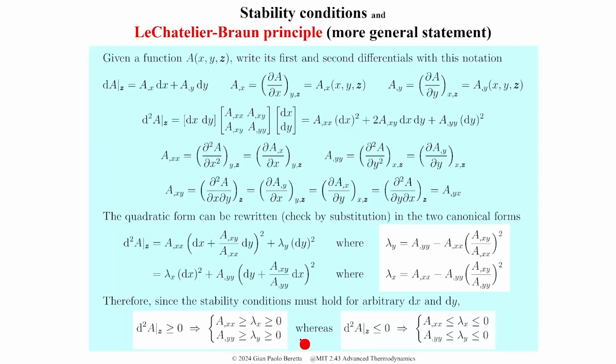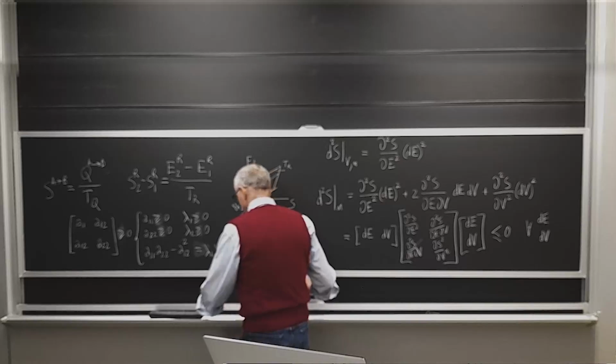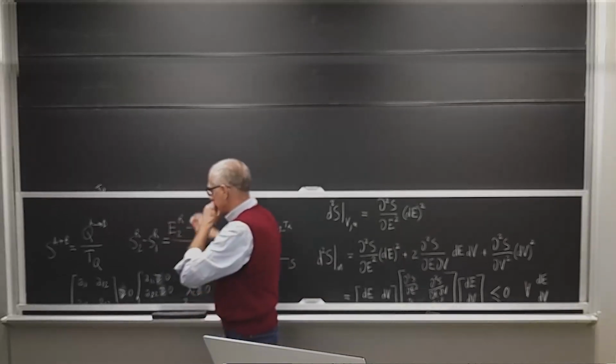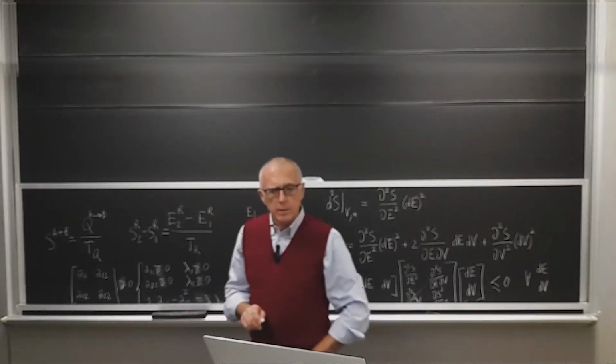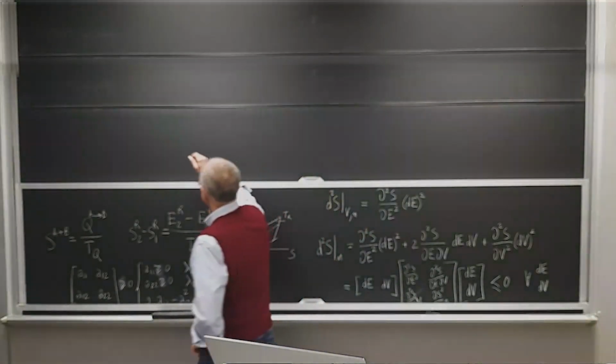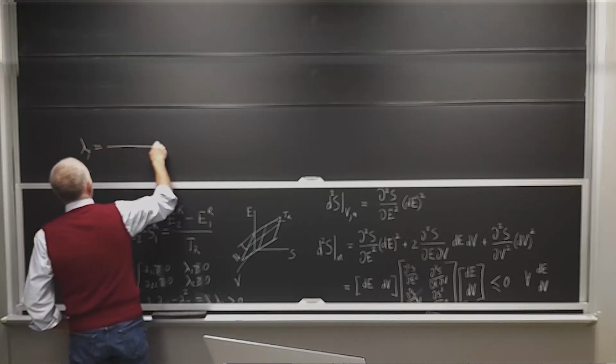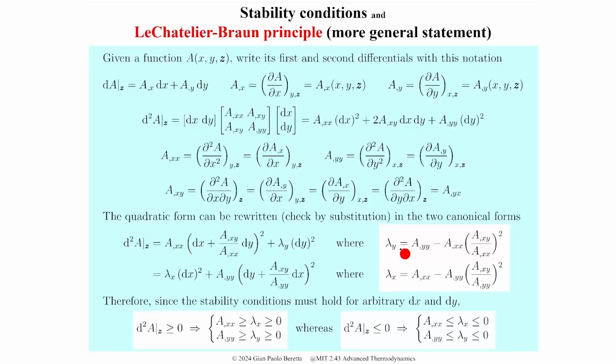But here we have written also something more strong than that. We have written that AXX or AYY is greater than lambda. Let's see. Take, for example, lambda y. Let me rewrite it this way.